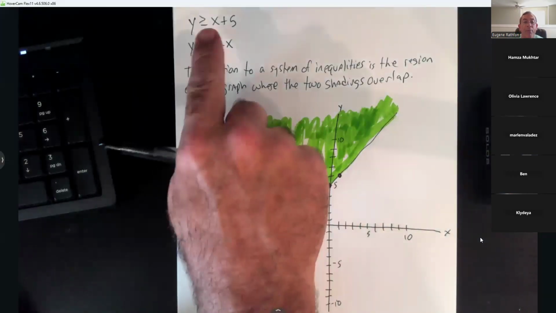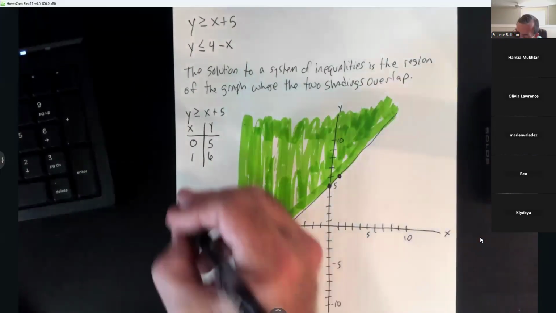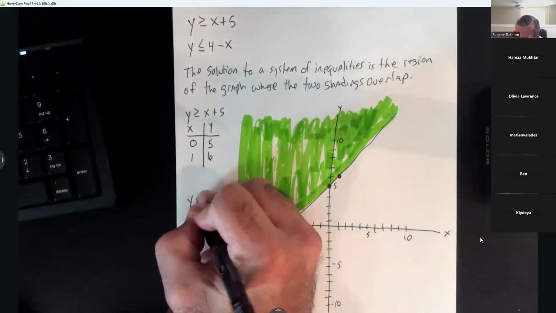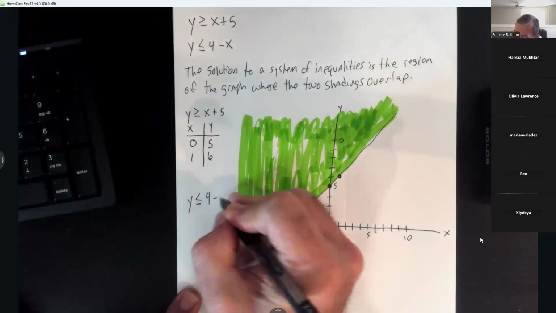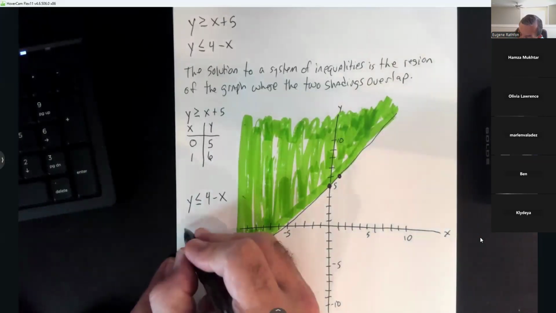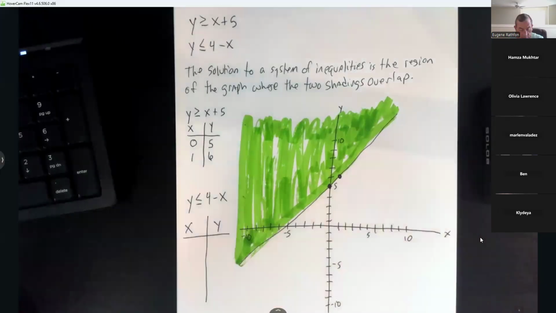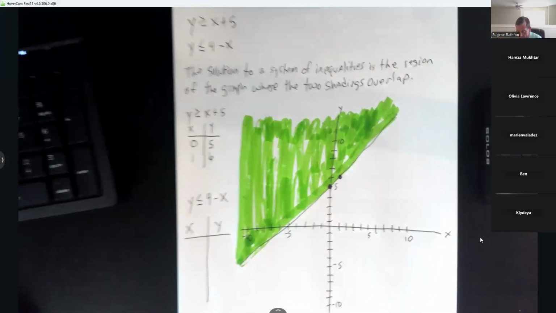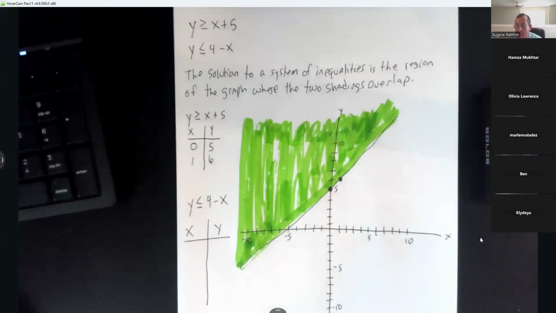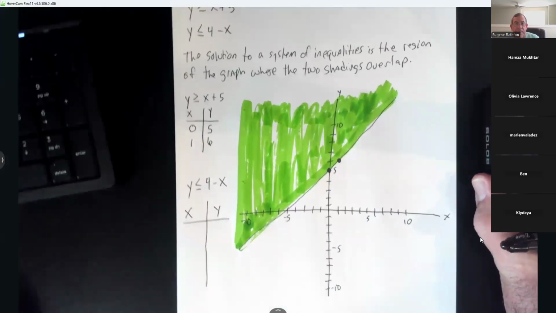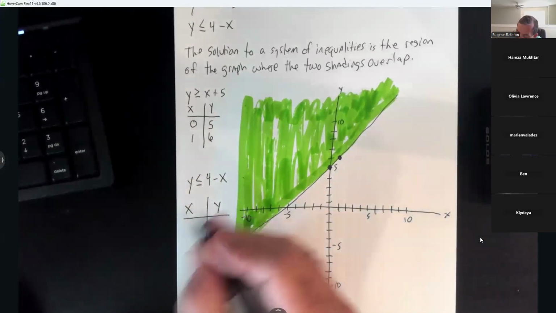Now I'm going to plot this second line here. That one was y less than or equal to 4 minus x. All righty, y'all. I'm going to do 0 and 1 again. They're pretty easy.